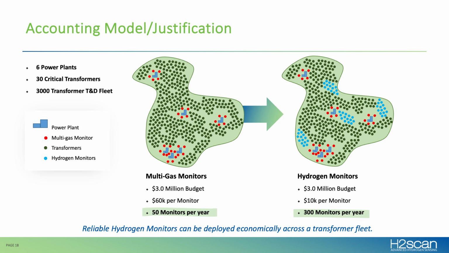Most people have a multi-pronged strategy where on their critical transformers, they're going to install multi-gas and typically other types of monitoring as well. But on a large scale, it's difficult to justify moving that on a large scale. So that's where hydrogen monitoring really comes into play.